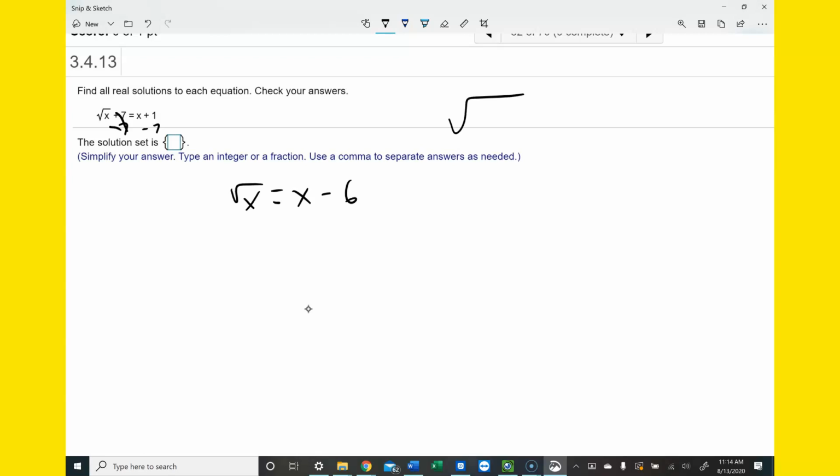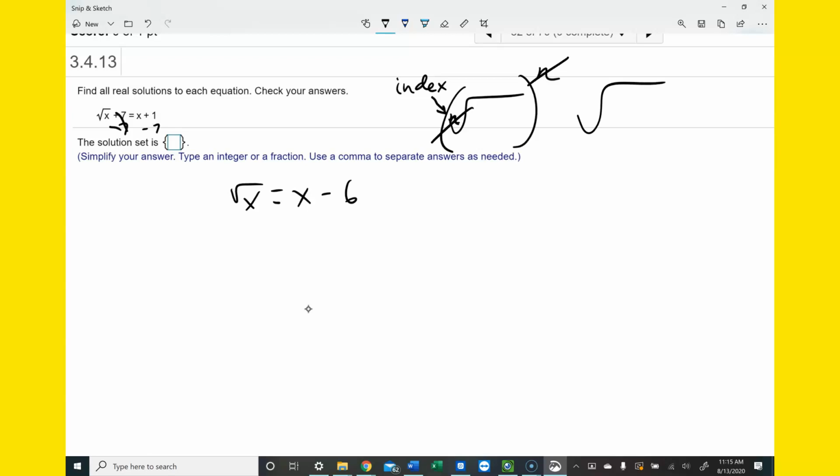The little number here is called the index of the radical, and that is the number that is going to be the exponent you use, which serves as the inverse of that radical operator. So if I want to get rid of the nth root of something, I use the nth power of that thing, and that's going to cancel.